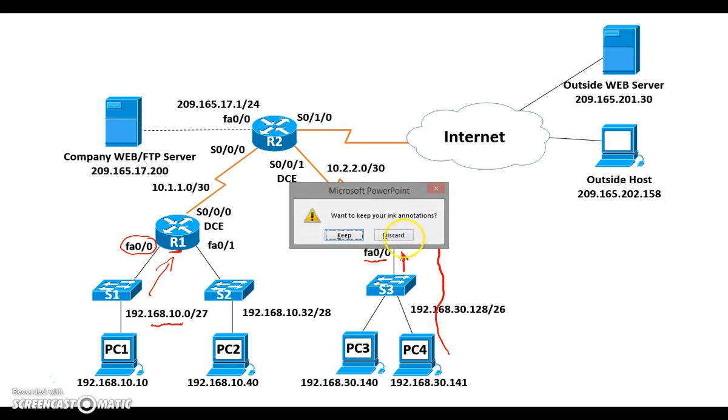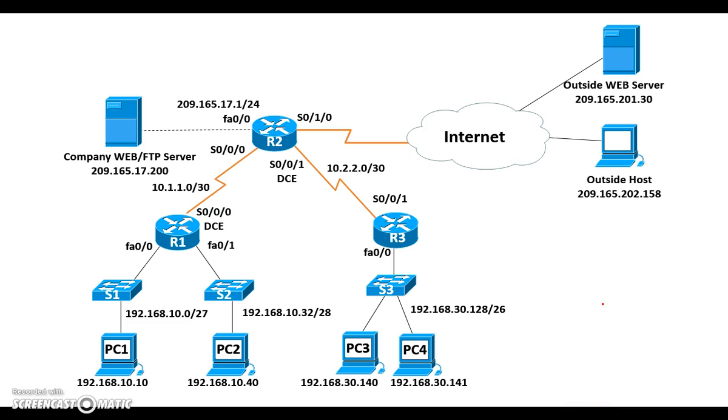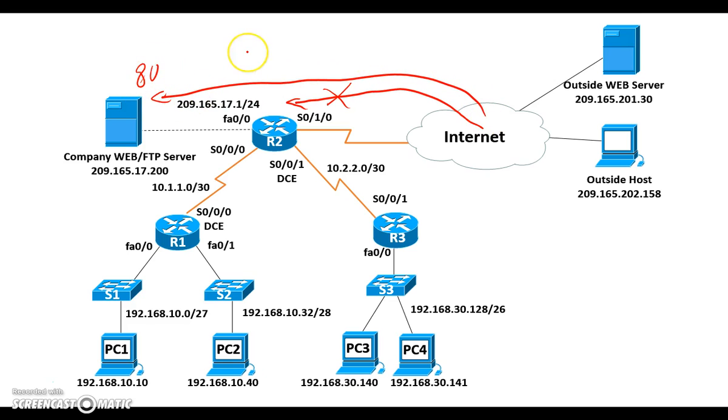This means that if someone from the internet tries to come in on his own, this kind of traffic should not be allowed unless it's going into the company web server using port 80. If he tries to come in on his own and go any place into your local area network, this should not be allowed, because this could be a hacker trying to come in and disturb your server or PC.